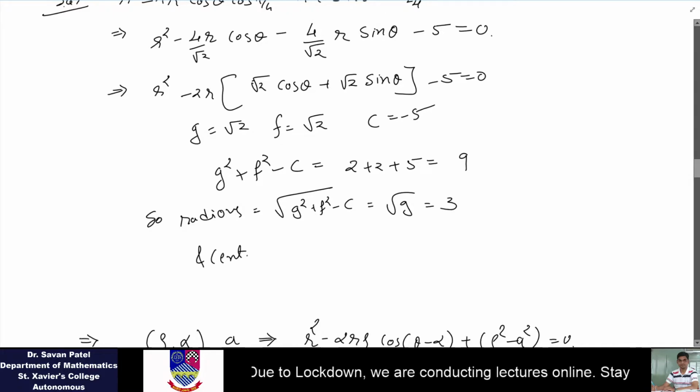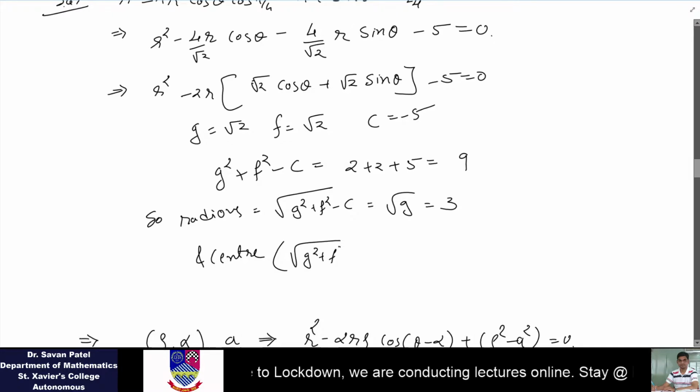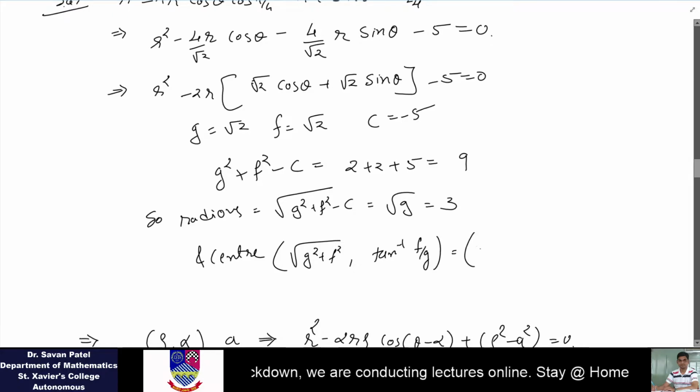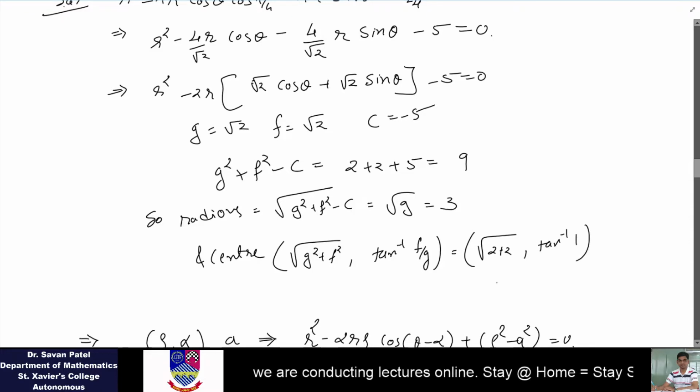And the center is square root of g square plus f square comma tan inverse f by g. That is square root of 2 plus 2, and tan inverse f by g, both are root 2, so tan inverse 1.